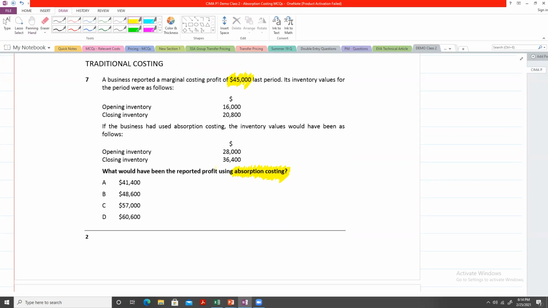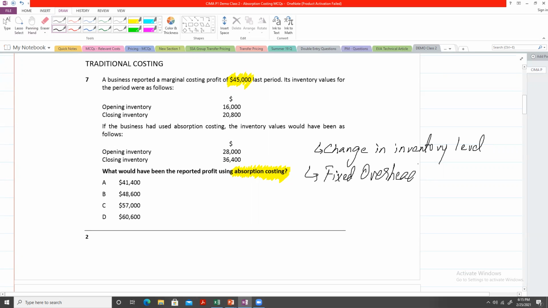Now keep in mind two things. The two main points I told you: the difference in profits arises because of, number one, change in inventory level, and number two, fixed overheads absorbed using the overhead absorption rate.